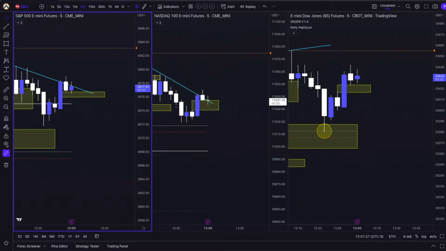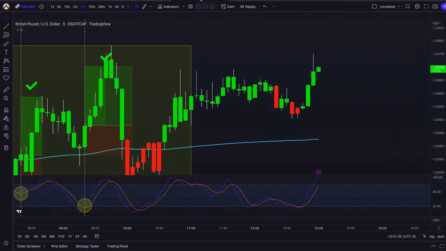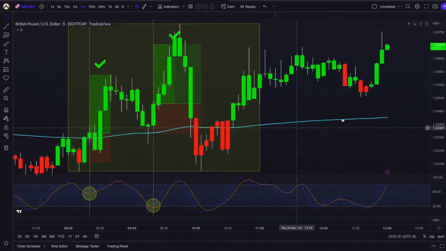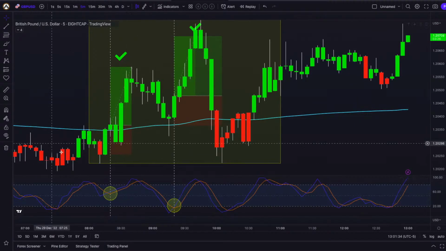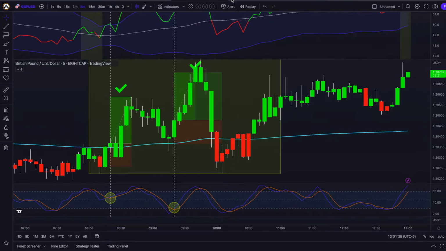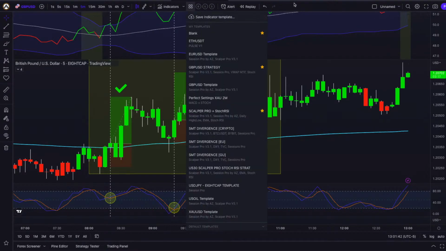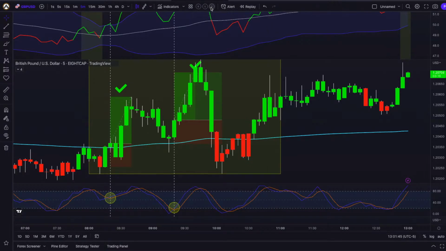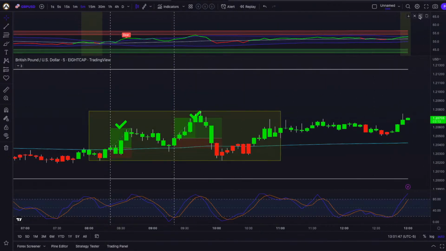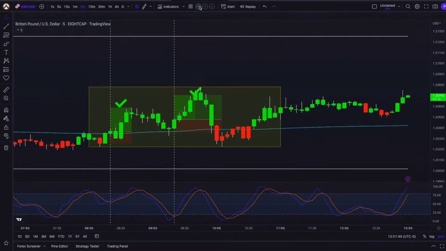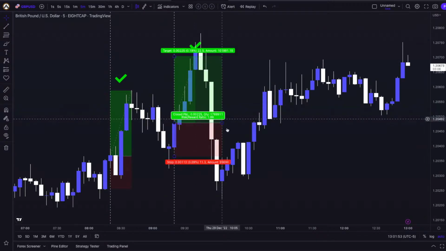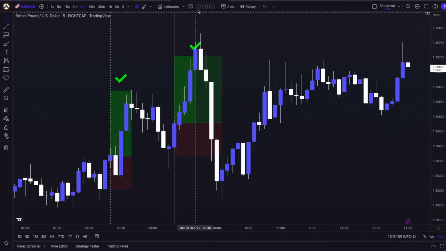For example, I have my basic London kill zone strategy for pound US dollar with the stochastic RSI and one of my indicators. Instead of having to re-add them to the chart all the time, I have a template for it, right here, Scarpa Pro, stock RSI. I click on it and everything's already loaded on the chart. And if I want a blank chart, I simply click on it and it's a blank chart without indicators, only the drawings.